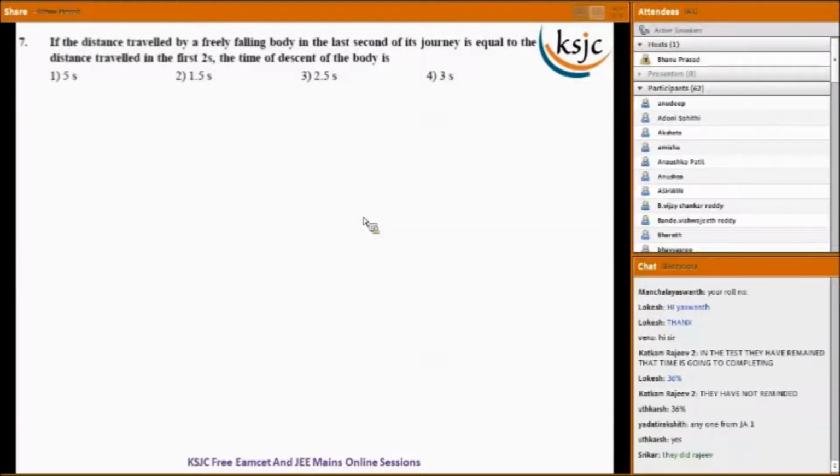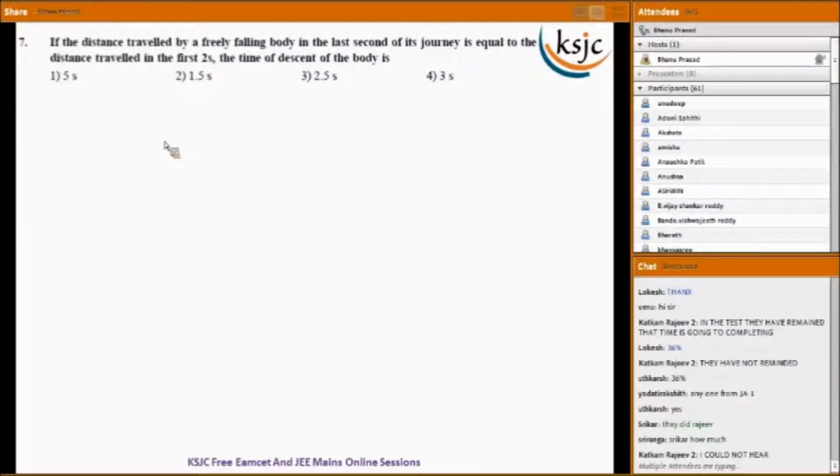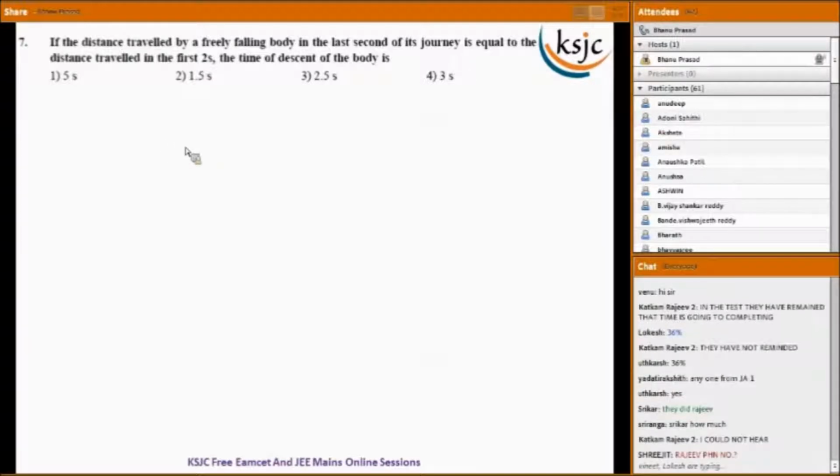Now look at the next one. If the distance traveled by a freely falling body in the last second of its journey is equal to the distance traveled in the first 2 seconds, the time of descent of the body is? So for the distance traveled by a freely falling body in the last second, let n be the last second. So we will write this as dn equals the distance traveled in the first 2 seconds, half g into 2 square.